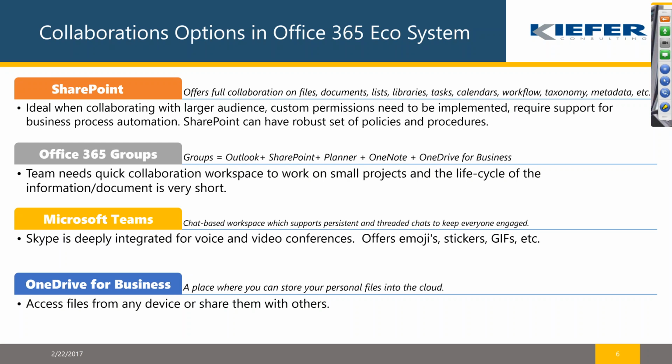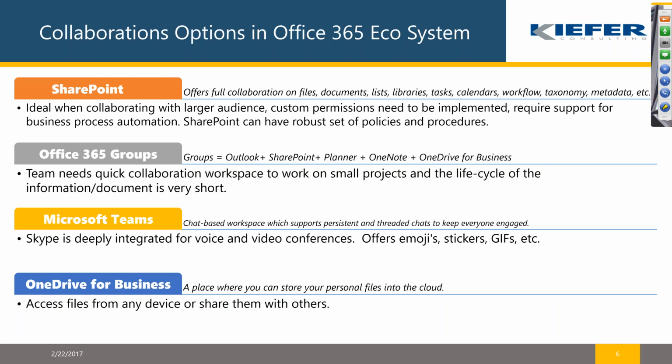The way you can decide in your organization which option to use is based on the life cycle of the information. If the life cycle of the information is pretty large in terms of compliance, records management, and so on, in that case you can use SharePoint.